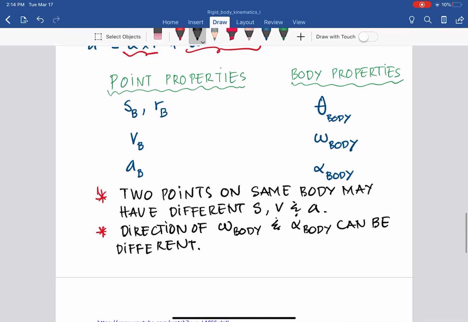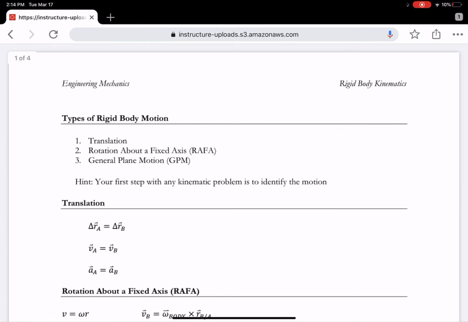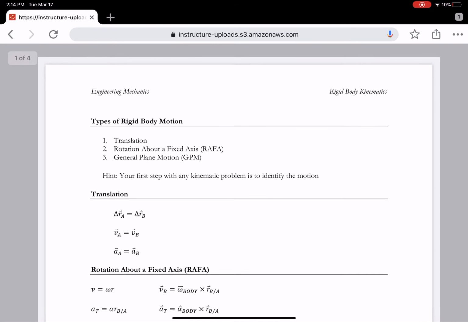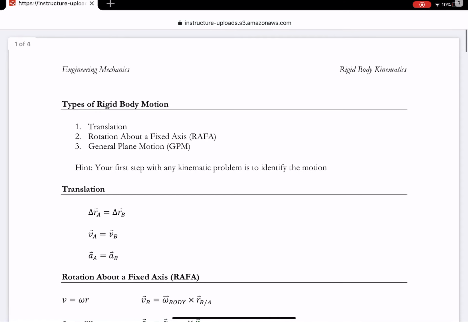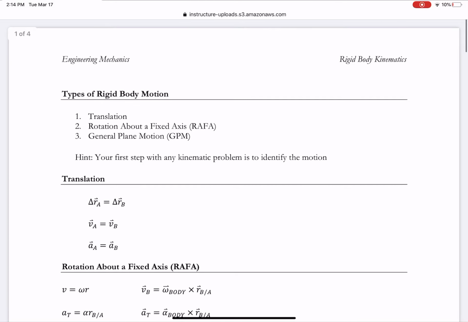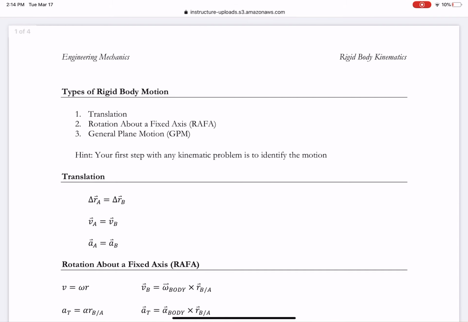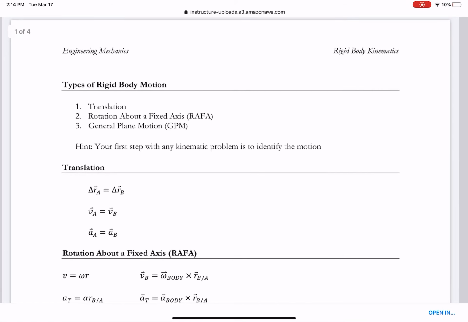So with that, I remind you, in the Canvas page we have the summary sheet, four pages for the rigid body kinematics. And today we deal with the first page. The next three pages we'll cover in the next three lessons of rigid body kinematics. So type of motion: translation, Rafa, GPM.